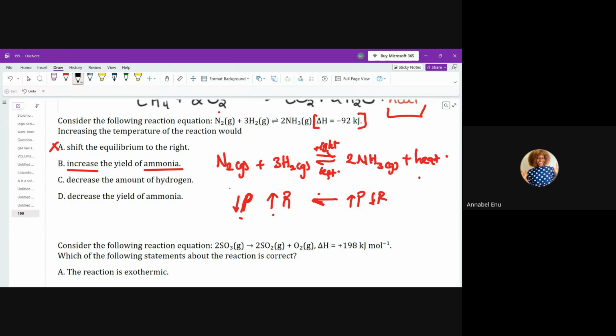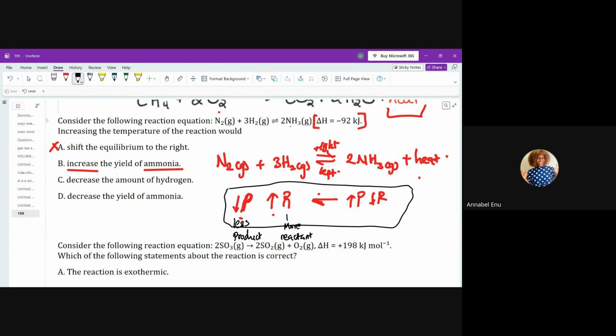Going to the left side, it implies what? It implies less product and more reactant. So in essence, this negative 92 is what is telling us that if we're increasing temperature, it will go away from the product side.